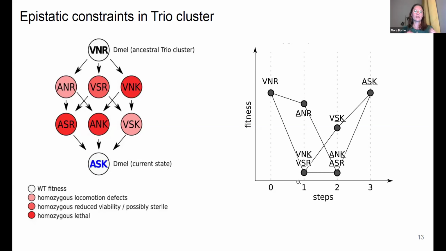So in summary, by dissecting this cluster of mutations, we could see that there is a lot of epistasis, but it raises a new question for us, because we were hoping that at least one path would be more likely to happen, and it looks like all those paths are quite unlikely to happen.